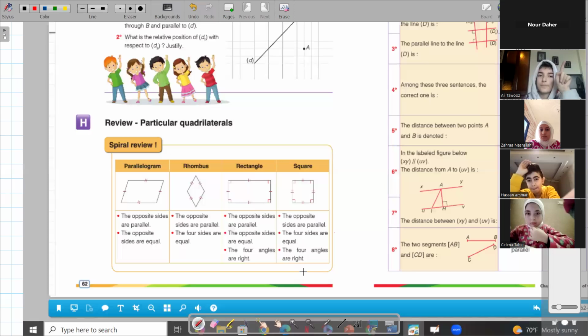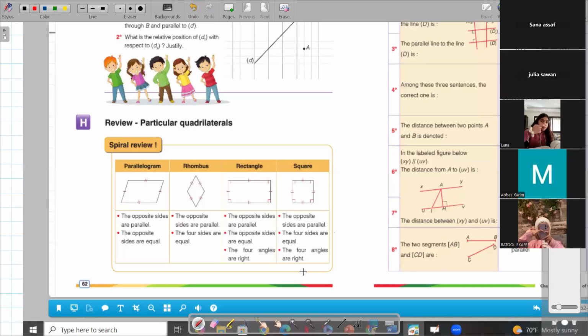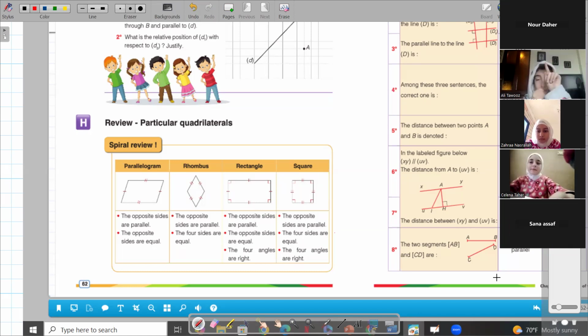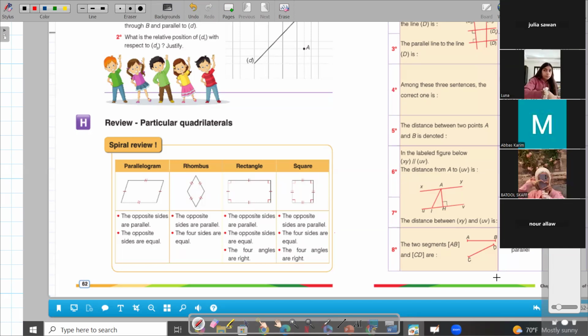The word quadrilaterals is coming from which word? Quadro. They have right angles, but what do they have? Four angles, no need to be right, and four sides.